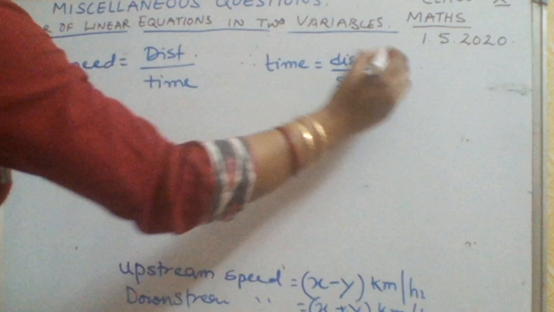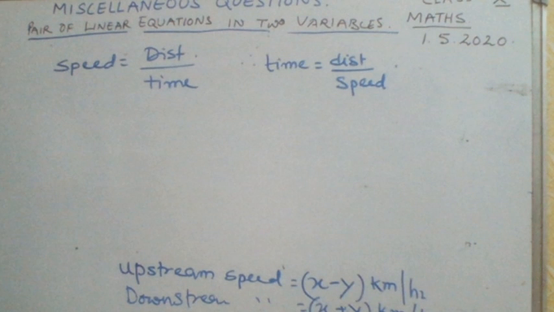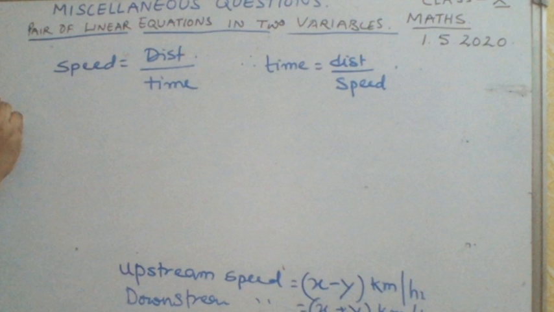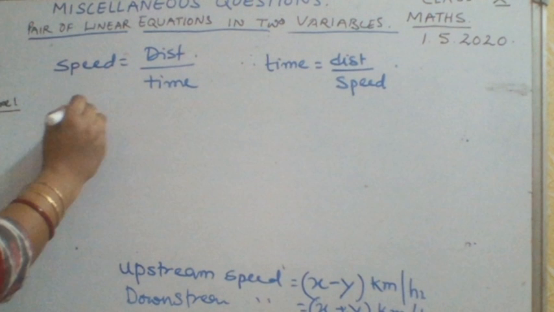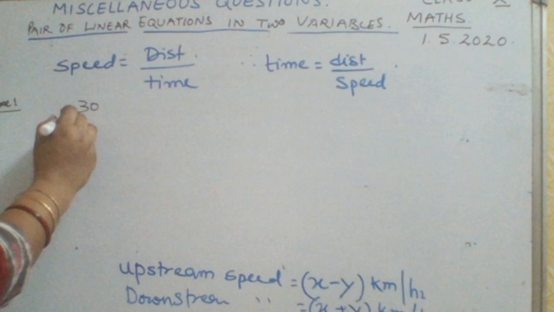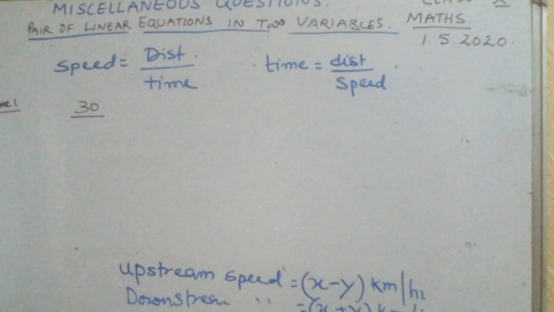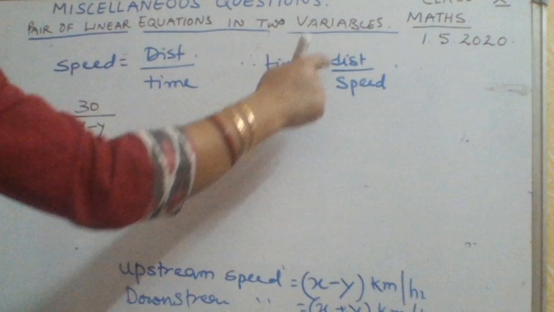So here the question, case 1, says 30 kilometers distance is covered upstream. Upstream speed is x minus y. So distance upon speed is the time.